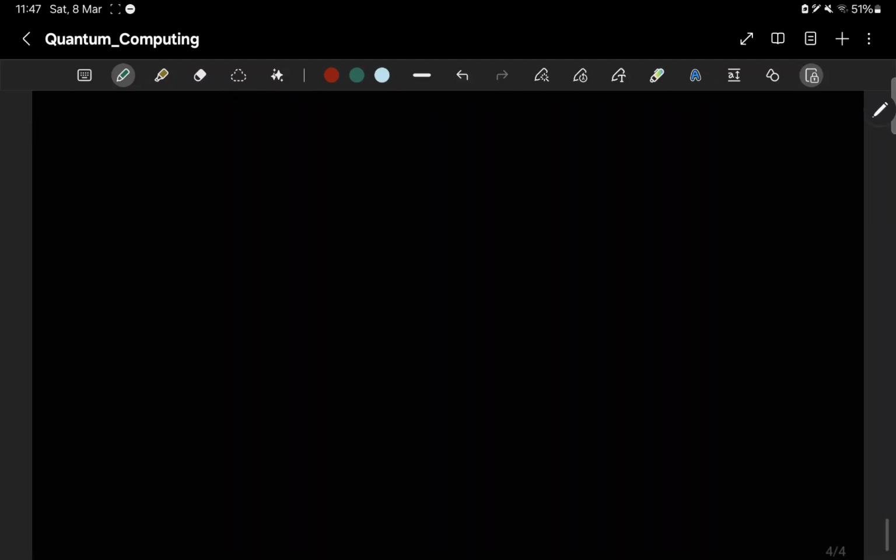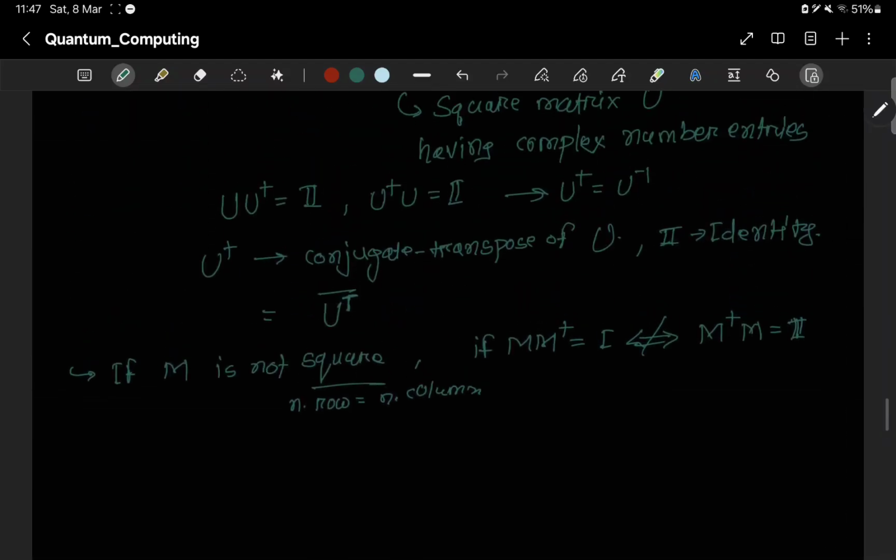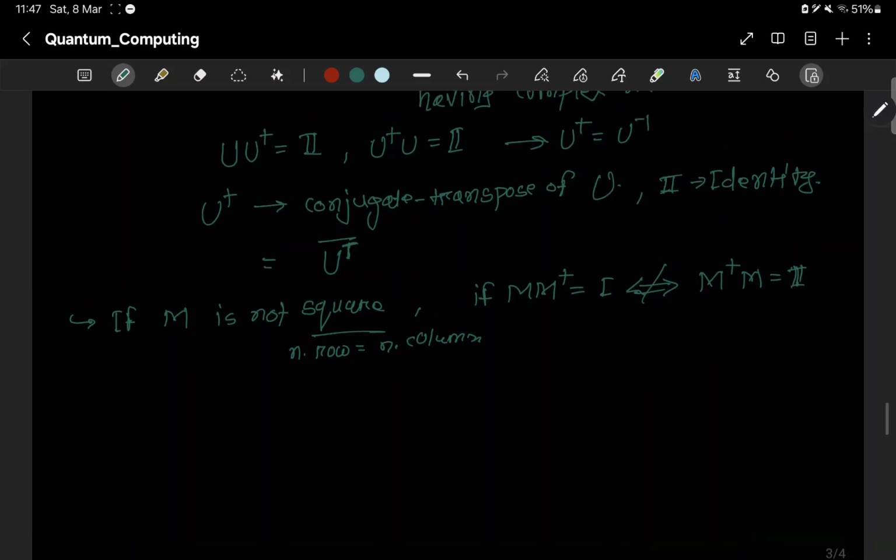Also, because U is a unitary matrix, if we apply U on some state psi, its magnitude, absolute value, will be equal to the absolute value of the state before applying the unitary operation.